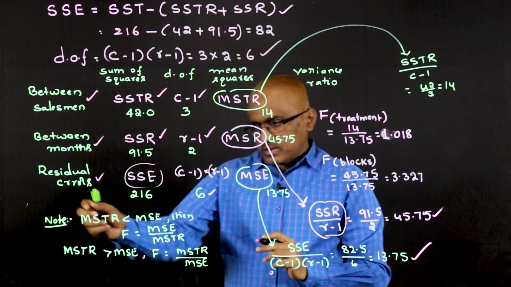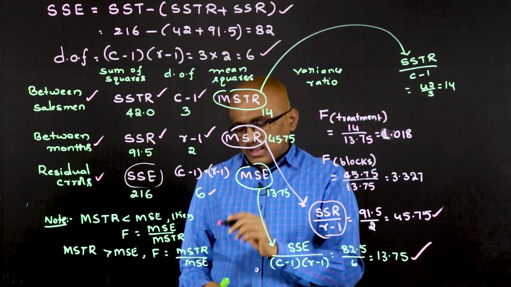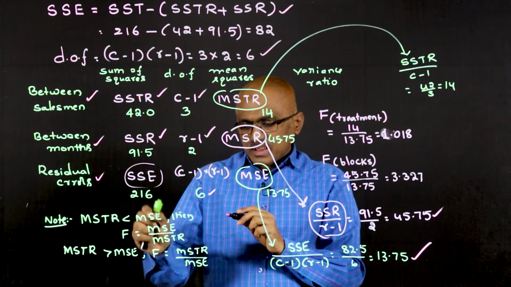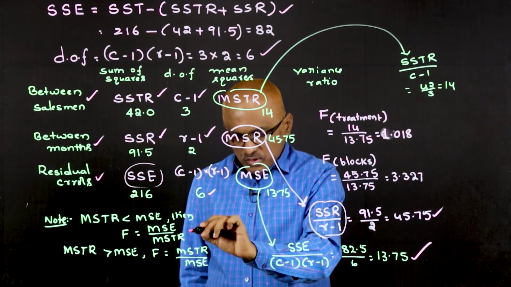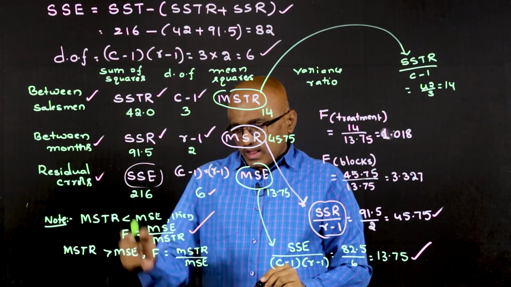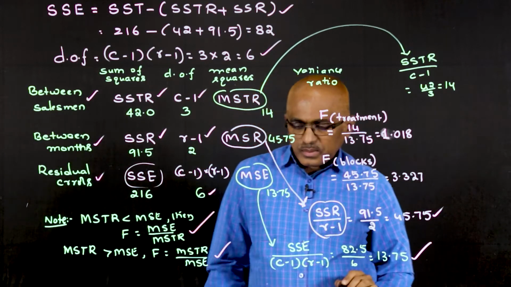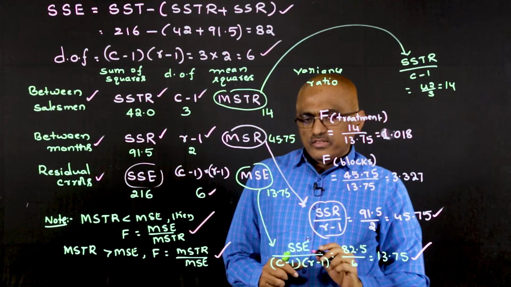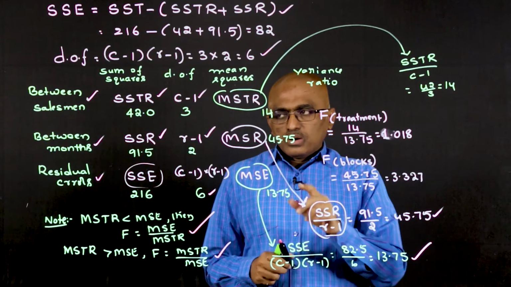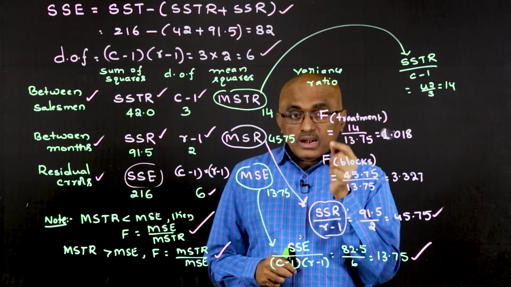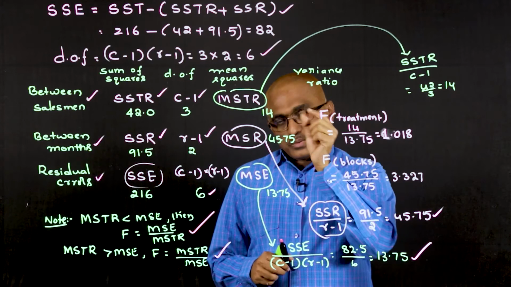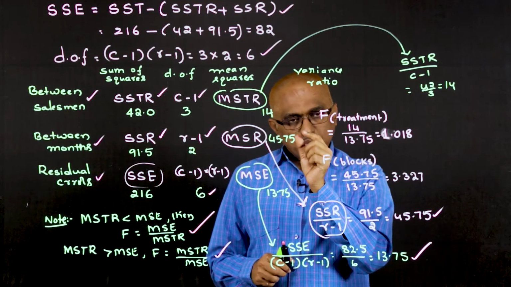Now here we need to note that if MSTR is less than MSE, then we use the inverse to find the F value. If MSTR is greater than MSE, then we use F equal to MSTR by MSE to find the F value. Now, we have to find the F value with respect to columns as well as with respect to rows.